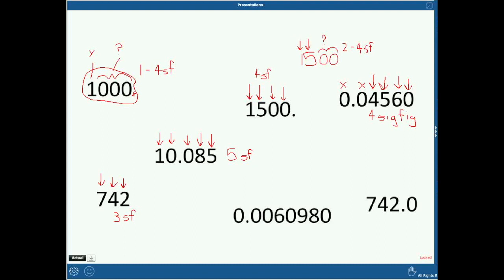This dot zero is saying that we have 742 exactly. Somebody took the effort to write that decimal and then write that zero behind the decimal, so that zero is significant as well. So this one would have 4 sig figs.